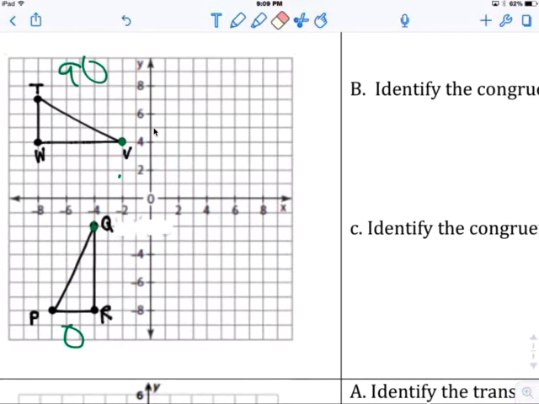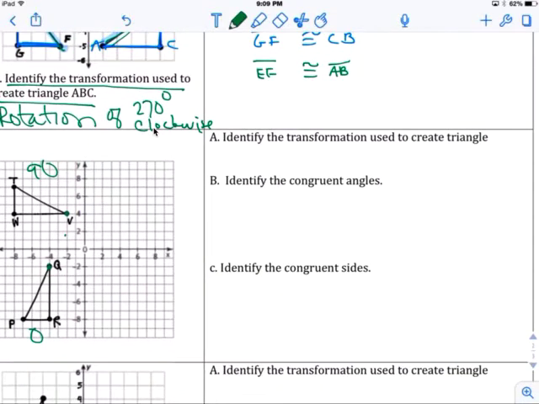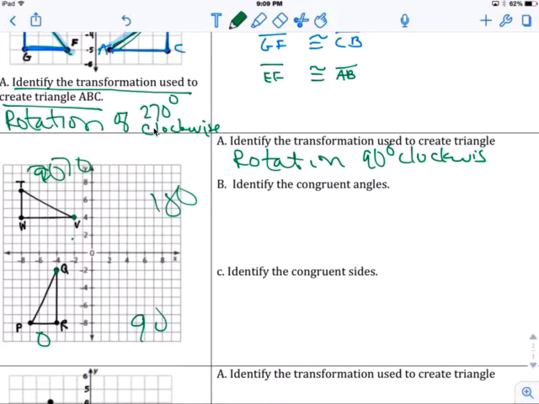And that's happened, it's a rotation. So 90 degrees clockwise, or 270 counterclockwise.